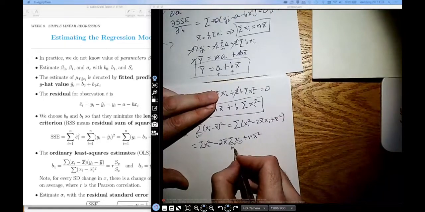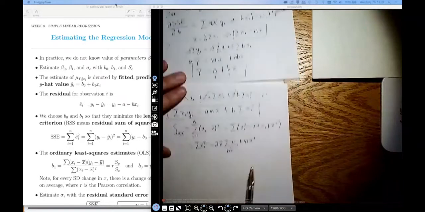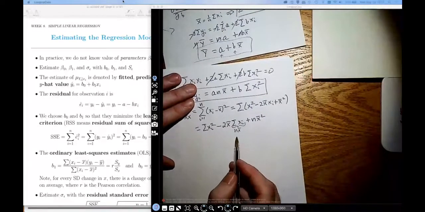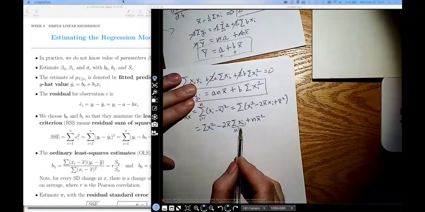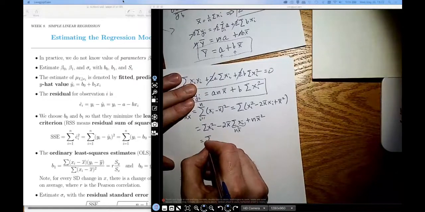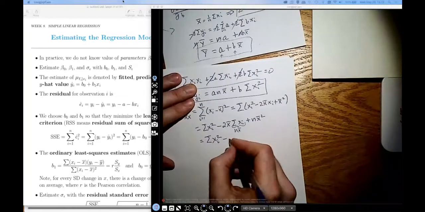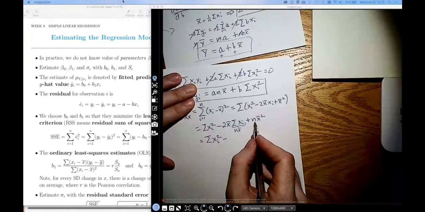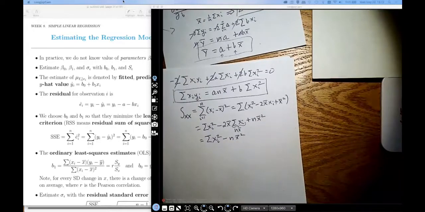Well, this is just n x bar, going back to this result that I said we were going to use a lot of times today. And so clearly what I have here is 2n times x bar squared, and then I have n x bar squared. So this works out to be the sum of xi squared minus, I got minus 2 of these, I got plus 1 of that, so minus n x bar squared. We're going to end up using that quite a bit.